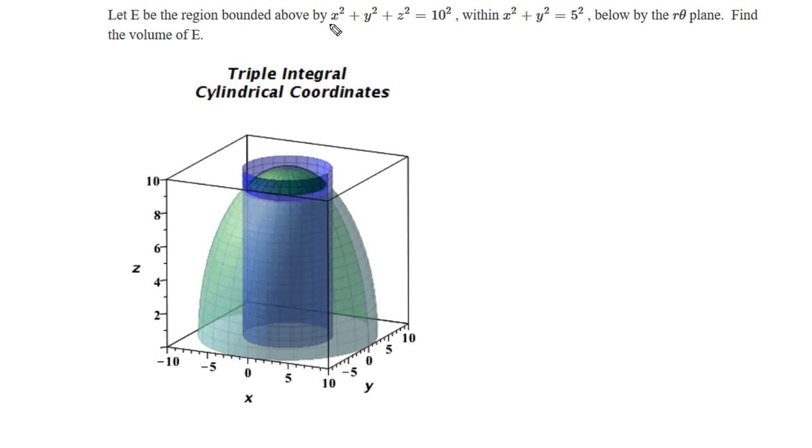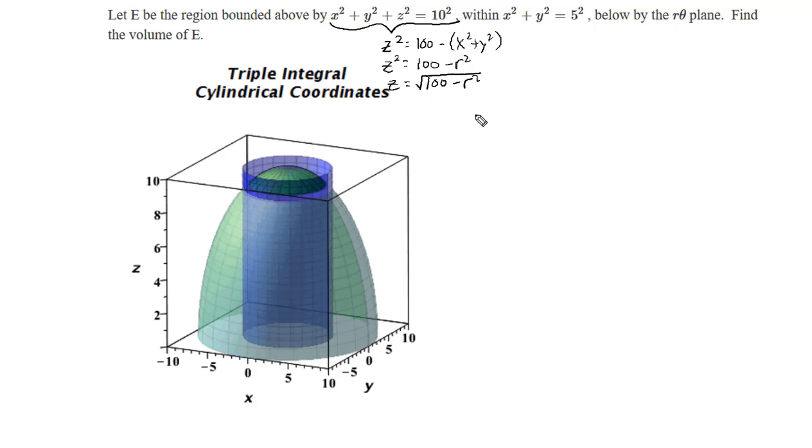If we take the sphere and solve for z, remember, x squared plus y squared is the same as r squared. Since we're looking at the part above the xy plane, we'll use the positive square root.